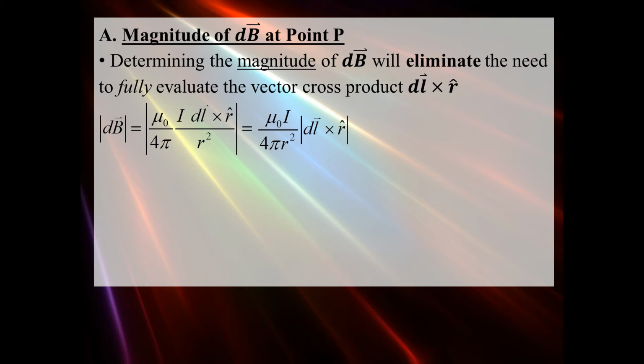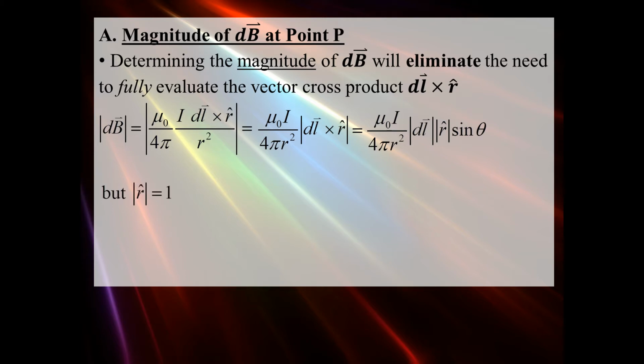You can take a look at your formula sheet if you've forgotten what this looks like. It's the magnitude of the first vector times the magnitude of the second vector multiplied by sine theta. So this turns into mu naught I over 4 pi r squared, times the magnitude of dl, times the magnitude of r, times sine of theta.